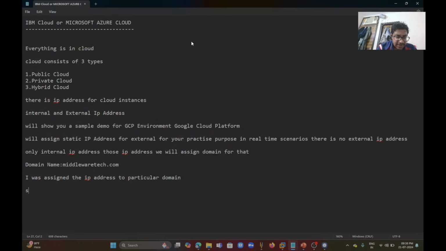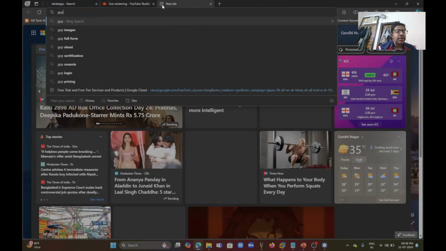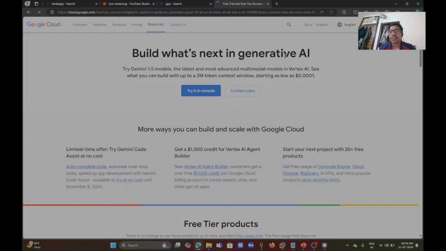My server name is server1.middlewaretech.com. I will start my GCP server. How will we start the GCP server? I will show it in the real-time scenario.